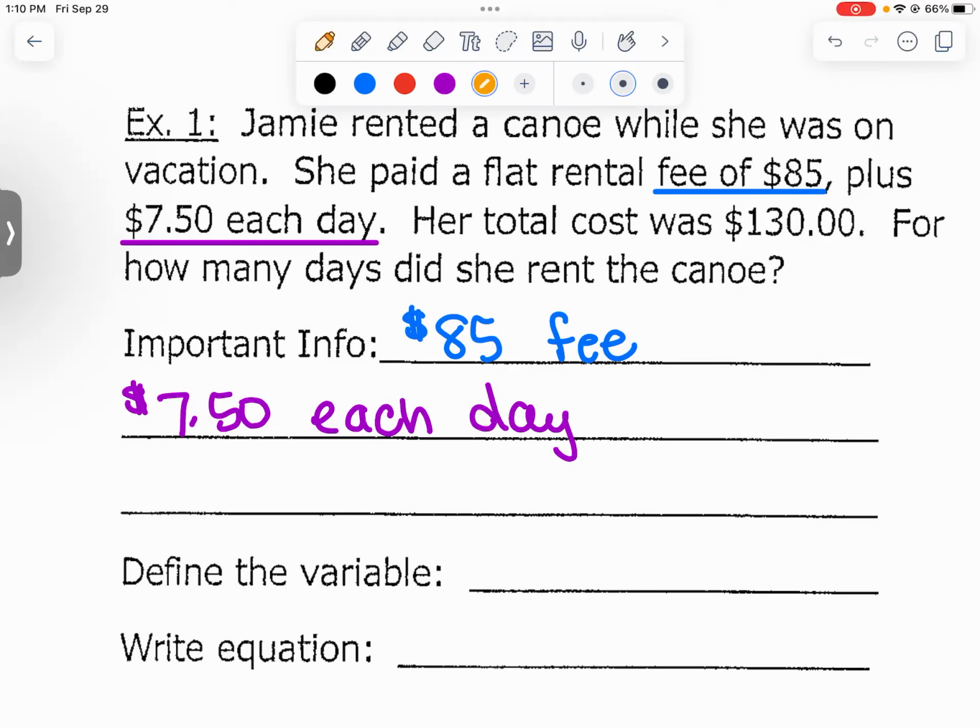Okay. Her total cost was $130. Is that important? Okay. For how many days did she rent the canoe? Kaden, what are we trying to find? Okay, so what letter should we use?